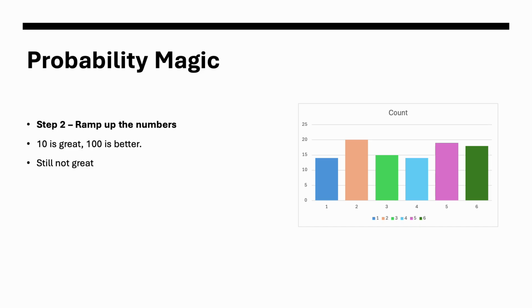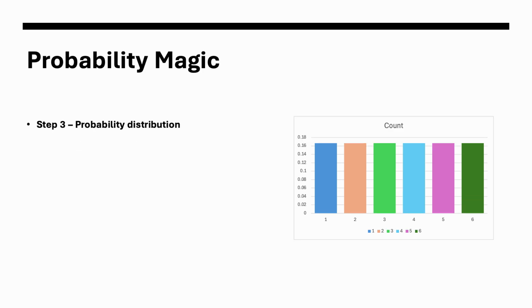If we ramp up the numbers, 10 is great, 100 is better, we get a little bit more even. This is 100 tosses from a random dice roll simulator that I found online. It's starting to look flatter, but it's not perfect. So here we go.